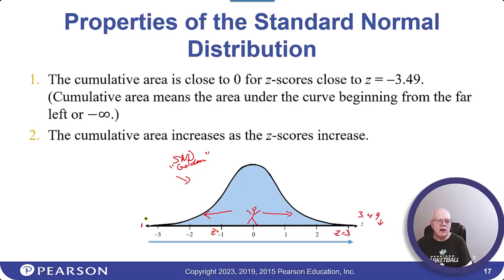So the cumulative area increases as the z-scores increase. Now, what do I mean by cumulative area? This is very important because whether you're using tables or other technology, almost all of those, when we're talking about area, start looking at the area from the very left-hand side.